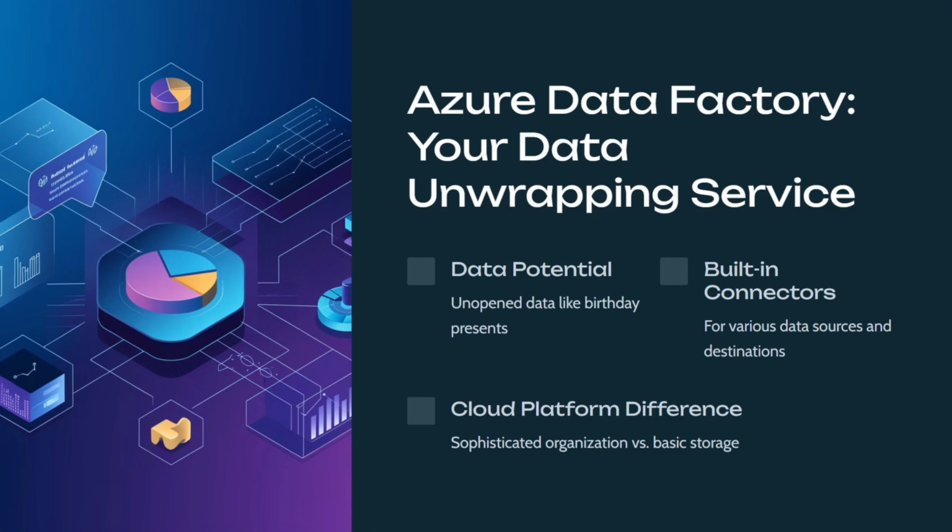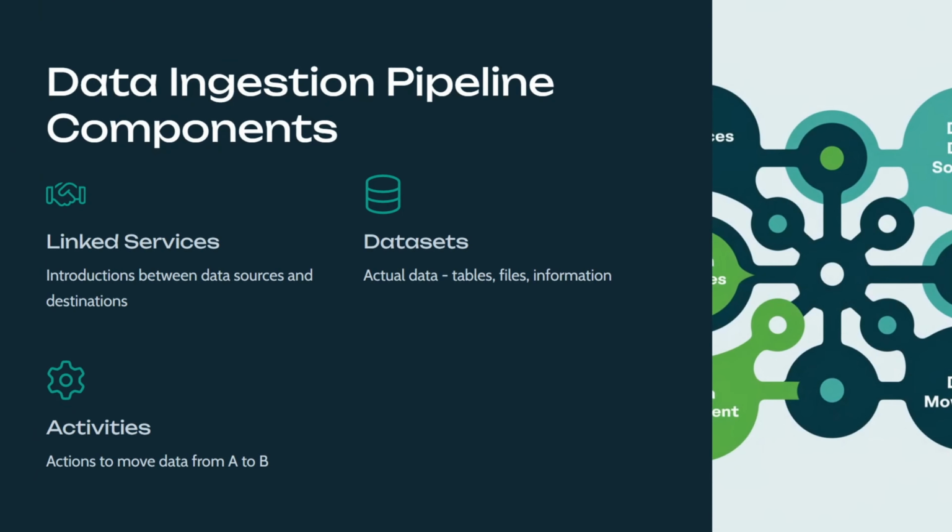So let's break down how this whole data ingestion pipeline works in Data Factory. We've got three main players. Number one, linked services. These are like the introductions Data Factory makes to your data sources and destinations. It's like saying, hey, Mr. MySQL database, meet Mrs. Azure Synapse. You two should really connect. Number two, datasets.